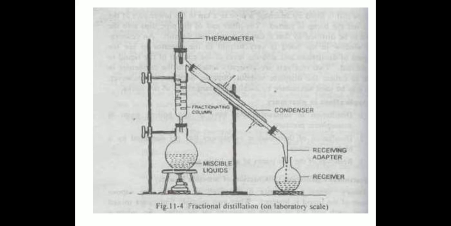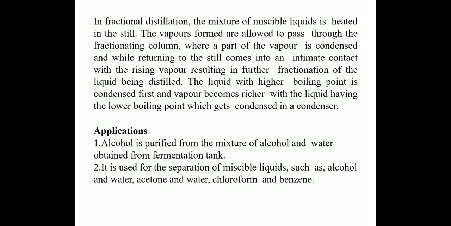The figure given here shows the fractional distillation on the laboratory scale. In the fractional distillation, the mixture of miscible liquids is heated in the still. The vapors formed are allowed to pass through the fractionating column where a part of the vapor is condensed and, while returning to the still, comes into intimate contact with the rising vapors, resulting in further fractionation of the liquid being distilled.